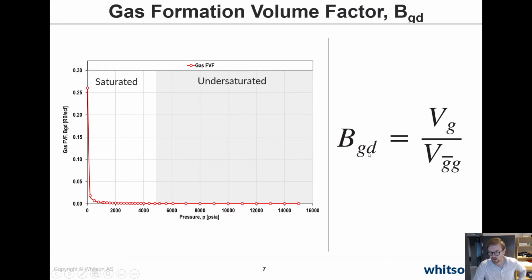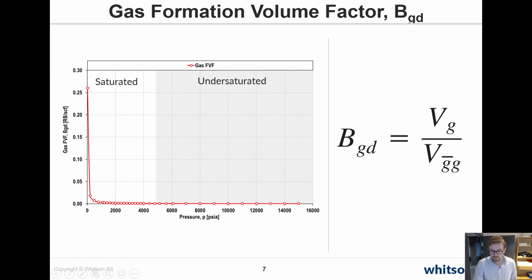We'll talk much more about the difference, because there are two different definitions of gas formation volume factor, and this is the correct definition. We'll look at the differences between BGD and the so-called BGW. The difference in short is that one accounts for the condensate in solution with the gas and the other does not. It assumes that the gas in the reservoir is a dry gas, which in general is not true. So this is the correct definition.